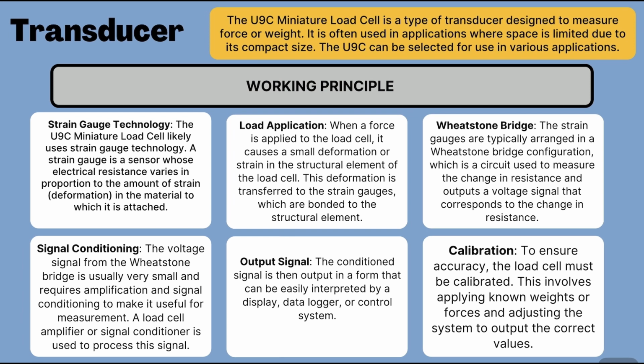The deformation will stretch or compress our strain gauge and will change the resistance of the circuit, and this circuit will have a different output signal, which we need to condition, because the output signal will be very small. It will often be in millivolts, which cannot be detected by a multimeter. So the output signal needs to be conditioned, and we need to calibrate for its accuracy.